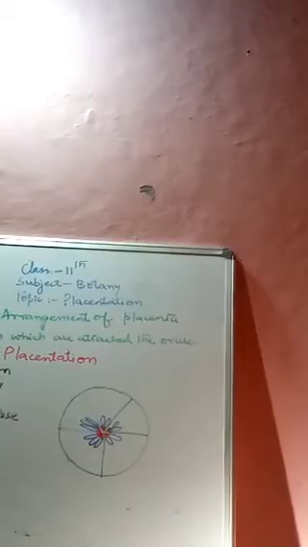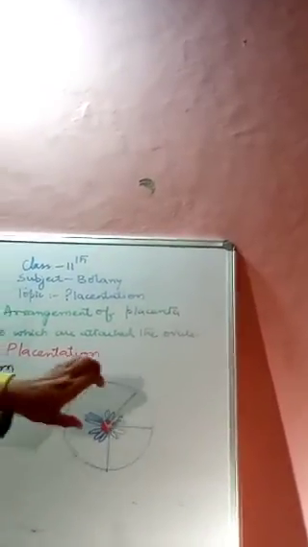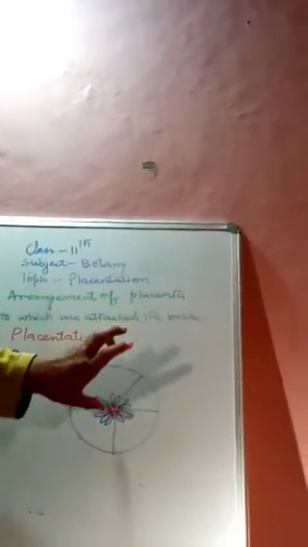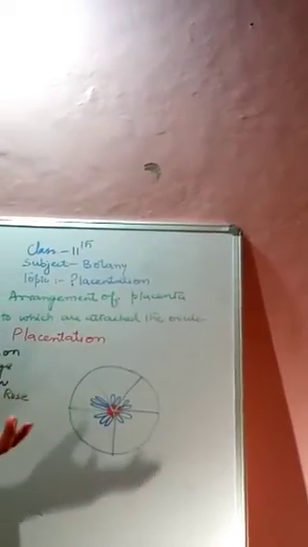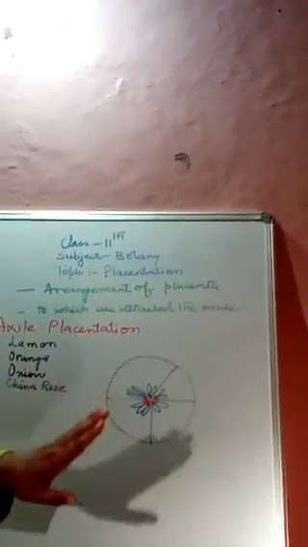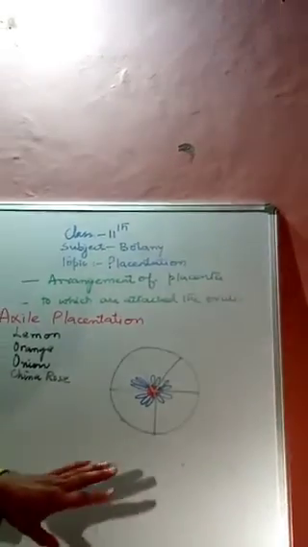So in case of the citrus, the seeds are centrally located, they are found in the axil. If we talk about cucumber, the placenta is peripheral, towards the periphery.